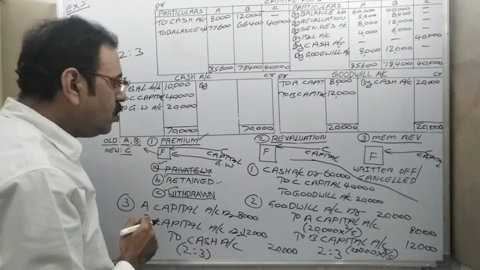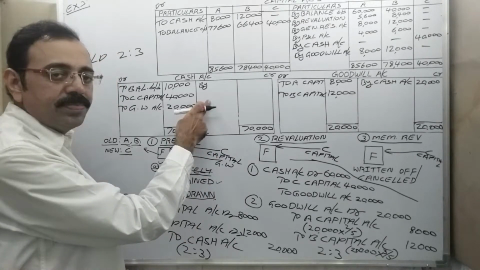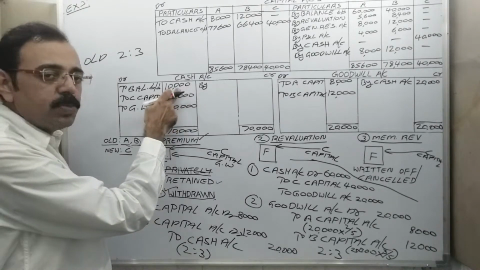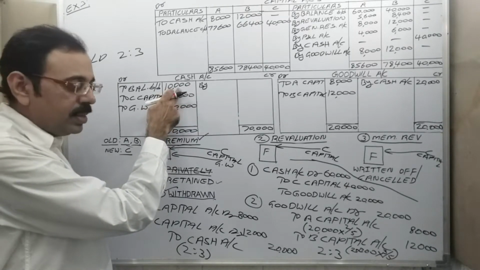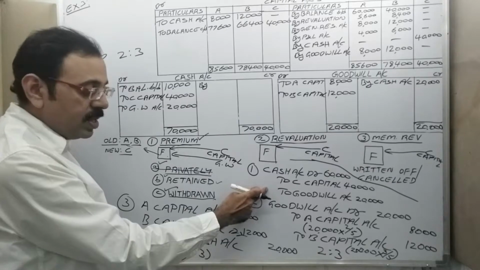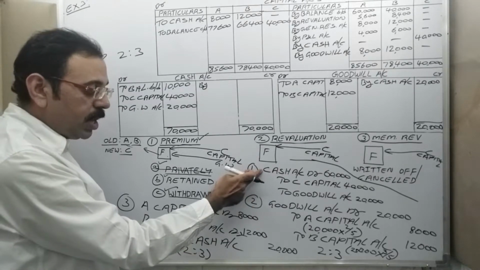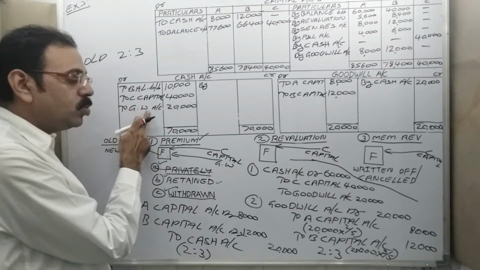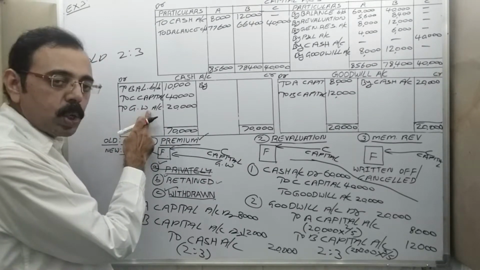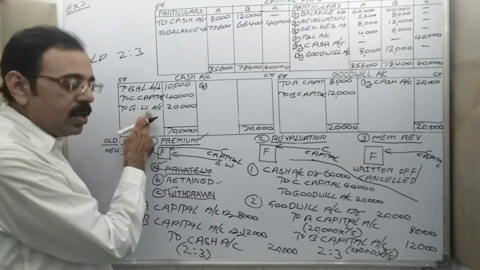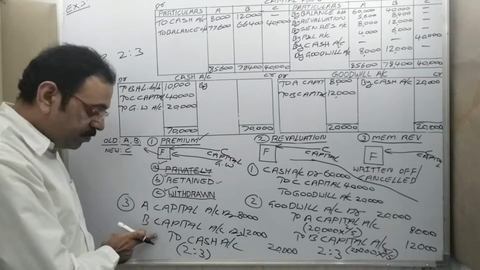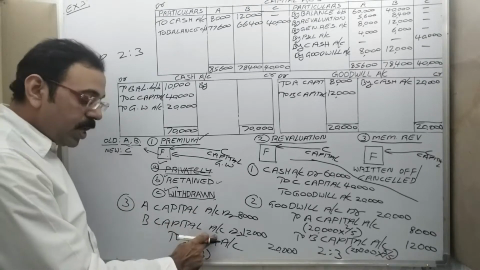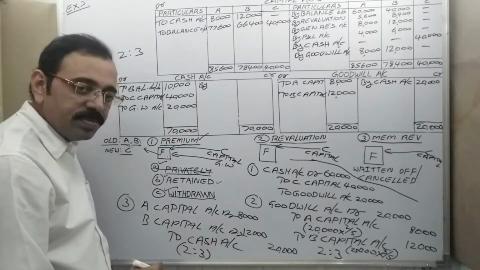Then come to cash account. This is common from the old balance sheet. Balance brought down we should write first. Then in the first entry, cash is in debit. Therefore, on the debit side we should write To C capital, To goodwill account. In example 2, I explained this. Now, what is the new entry? This one now. A capital account debit, B capital account debit to cash account.